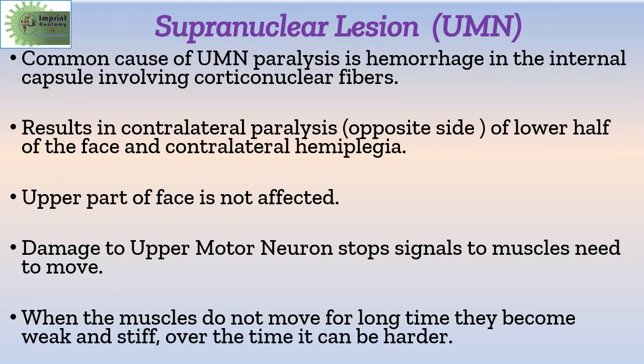The upper part of the face is not affected. Damage to the upper motor neuron stops the signal to the muscles which need to move. And when muscles do not move for a long time, they become weak and stiff, and over time it becomes harder.